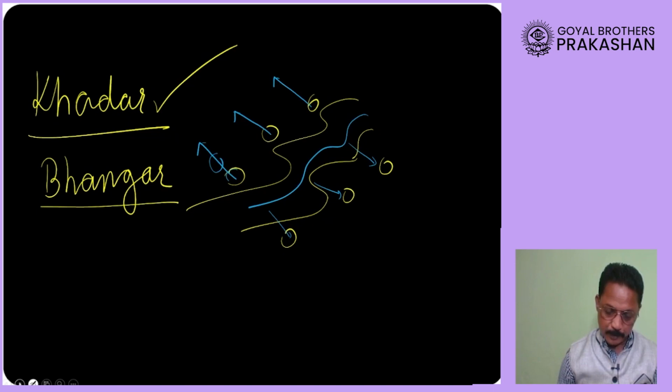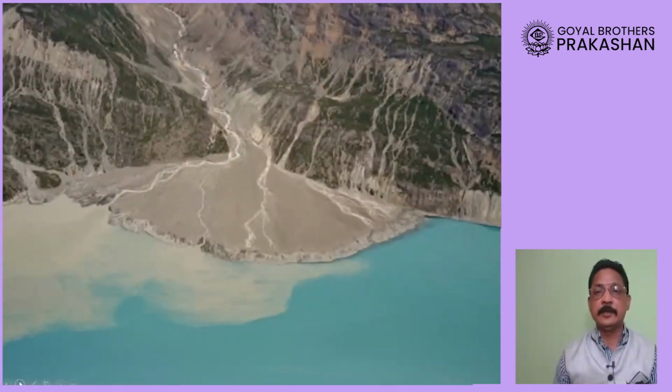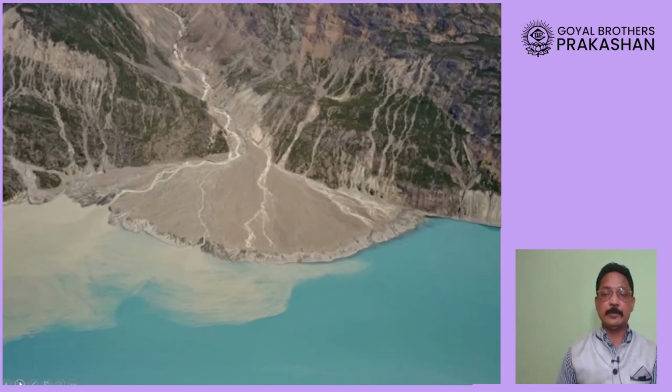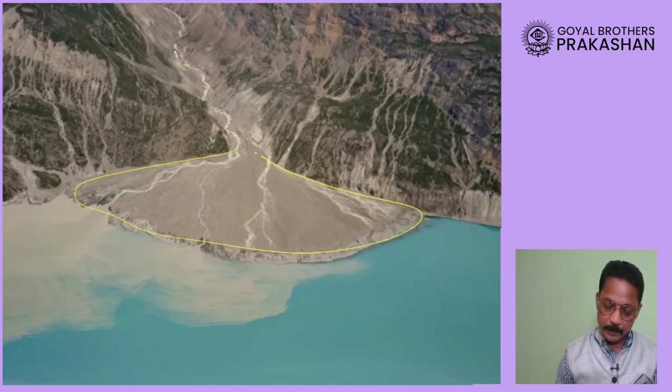Now, some soil is not always getting deposited on the banks of the river, but some soil is ultimately brought and deposited. Where do you think it is getting deposited? You are right. Here it is a delta.